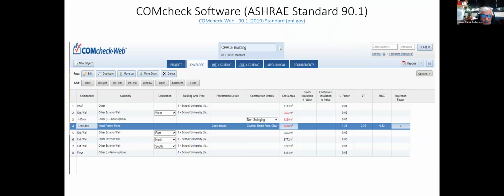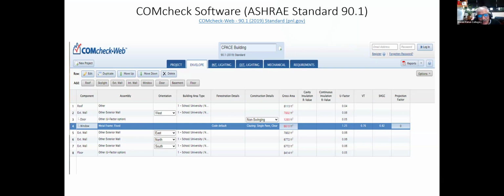The other one is called ComCheck. It's web-based, and there is also a PC-based version that you can download to be able to do the simulations.